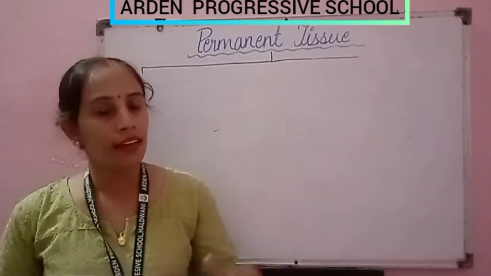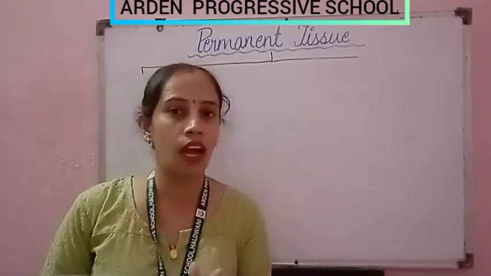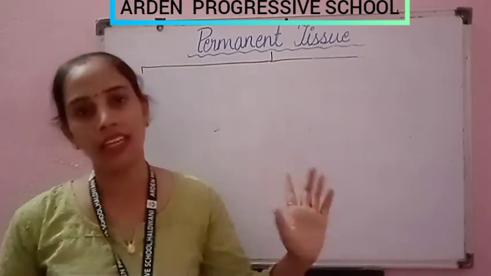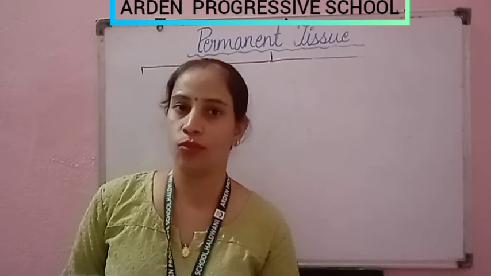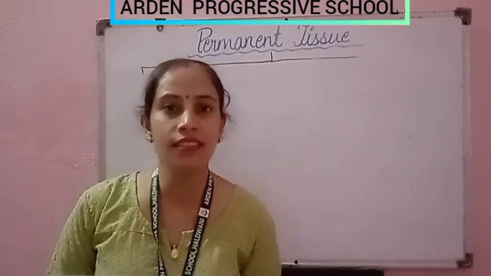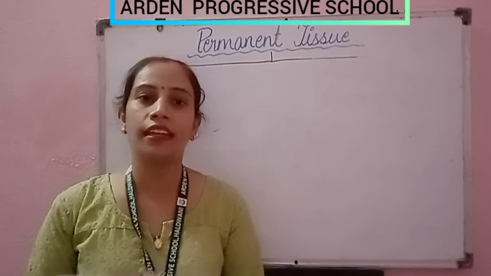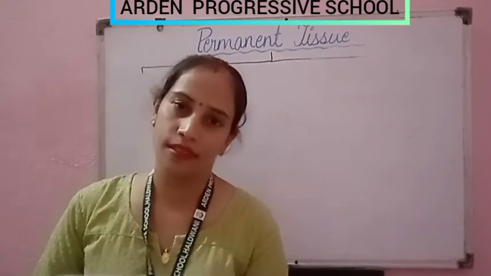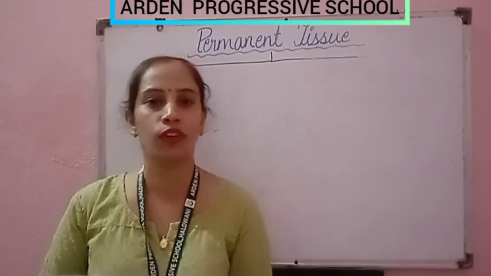In our next lecture we are going to start with another type of permanent tissue, that is the complex permanent tissue. Till then, please revise this chapter very carefully, and if you have any query, please feel free to ask. This is all for today.